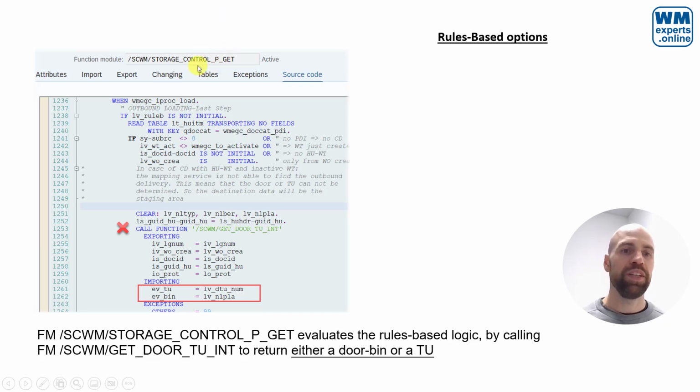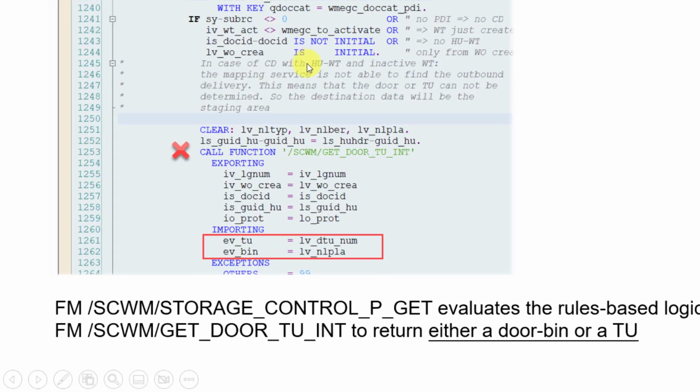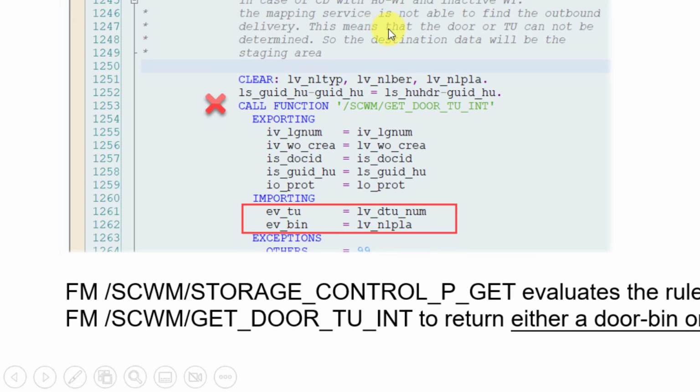And with this video here, we are looking at the type loading, so the last part of the outbound storage process. And here, in case the rules-based flag is set, EWM calls function module SCWM get door tu underscore int. And this is supposed to return either a TU or a door.